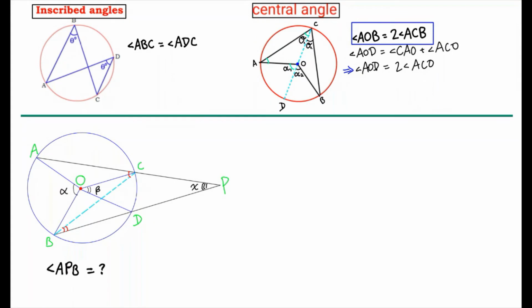This next problem involves both inscribed angles and central angles. Here we have to find the value of the angle CPB, also known as angle X. First of all, we need to find the value of the angles ACB here and CBP.